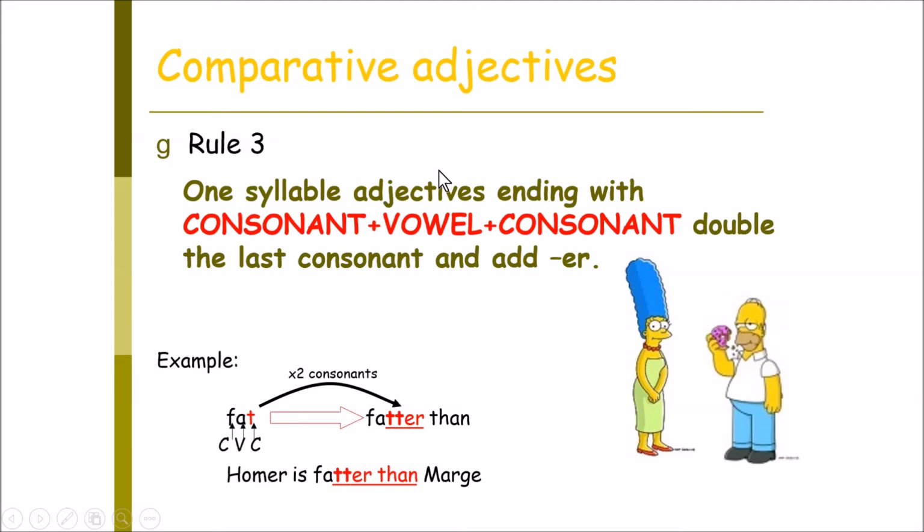Fat is a one-syllable adjective that ends in consonant, vowel, consonant. So what do you have to do? You have to add another consonant, that in this case is the letter t. So you write double t. And then finally you add er at the end. And the word than. For example, here, Homer is fatter than Marge. She's really slim. So Homer is fatter than Marge.